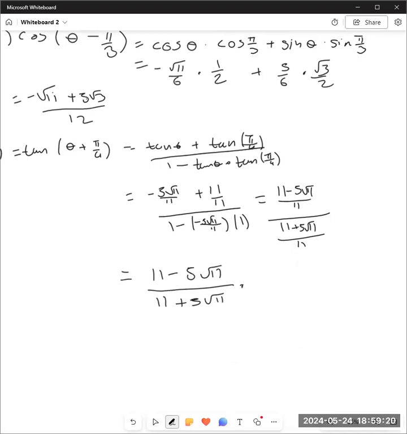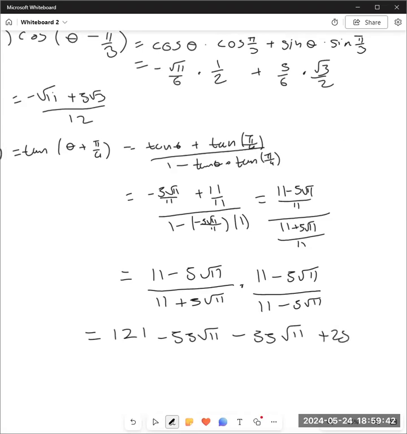Now I need to multiply by the conjugate here to simplify this denominator. And that's going to be 121 minus 55 root 11 minus 55 root 11 plus 25 times 11 over 121 minus 25 times 11.